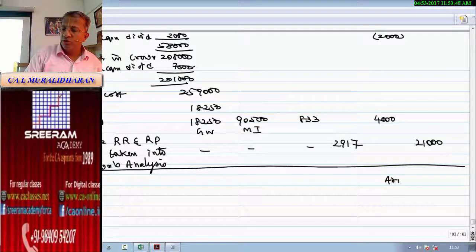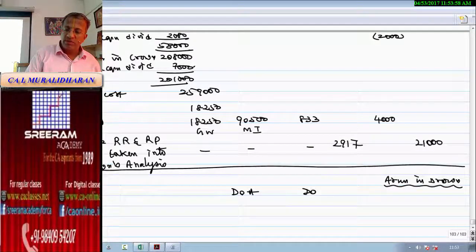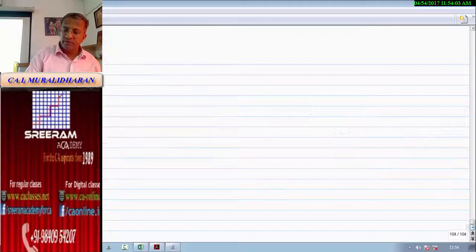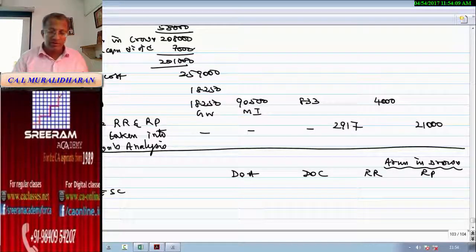Now, Arun in Brown. DOA, DOC, RR, RP. Equity share capital, how much? 4 lakhs.